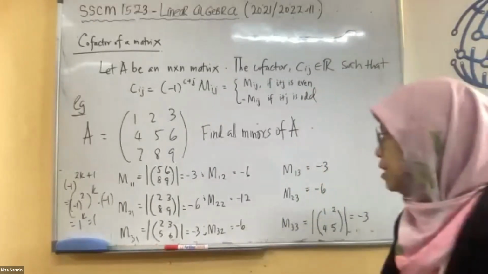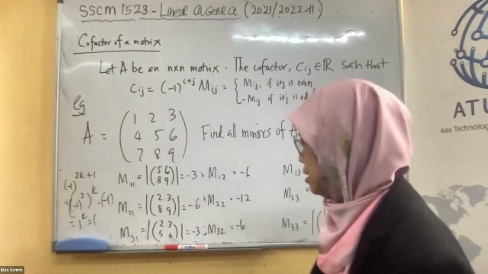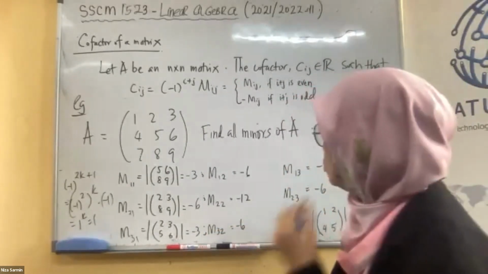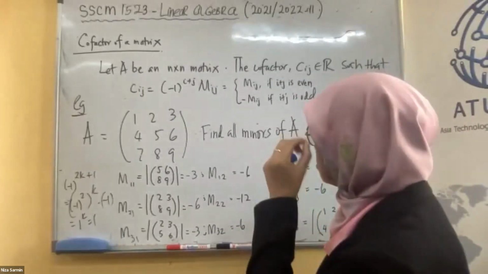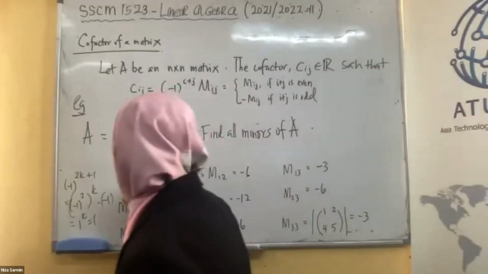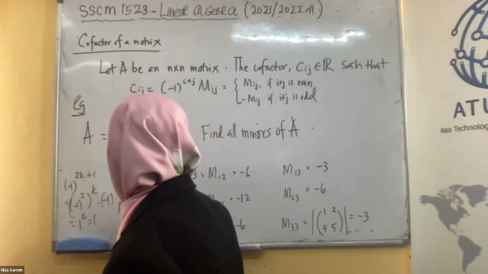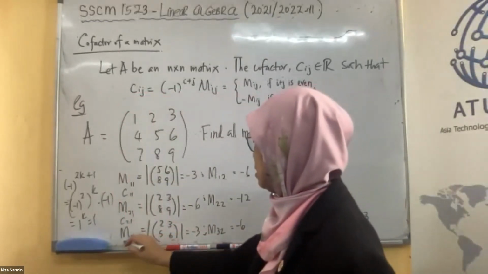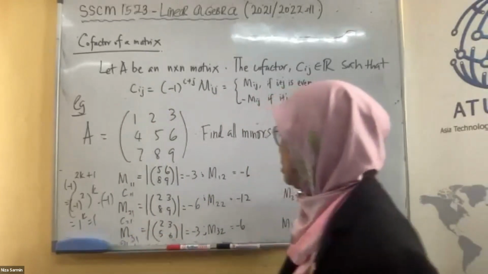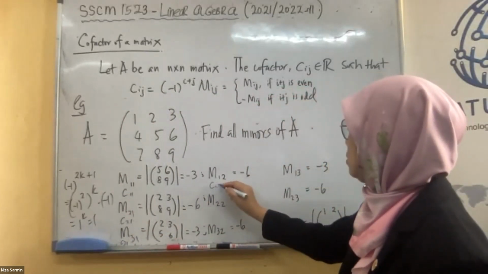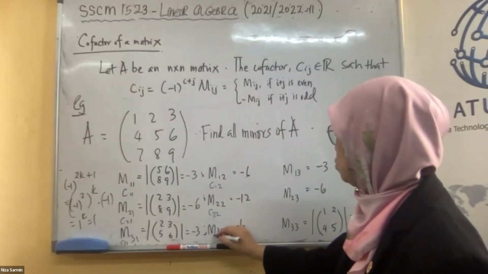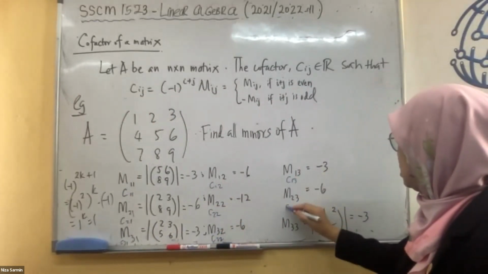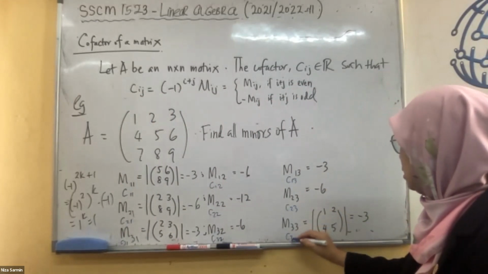Okay, so from this, I can write the cofactor of this. C11, C21, C31, C12, C22, C32, C13, C23, C33.